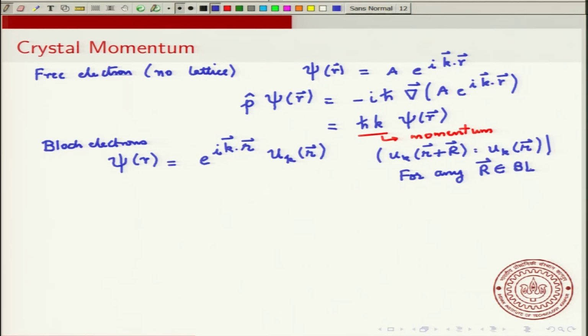So, you can take any lattice translation vector and you will have this relation.